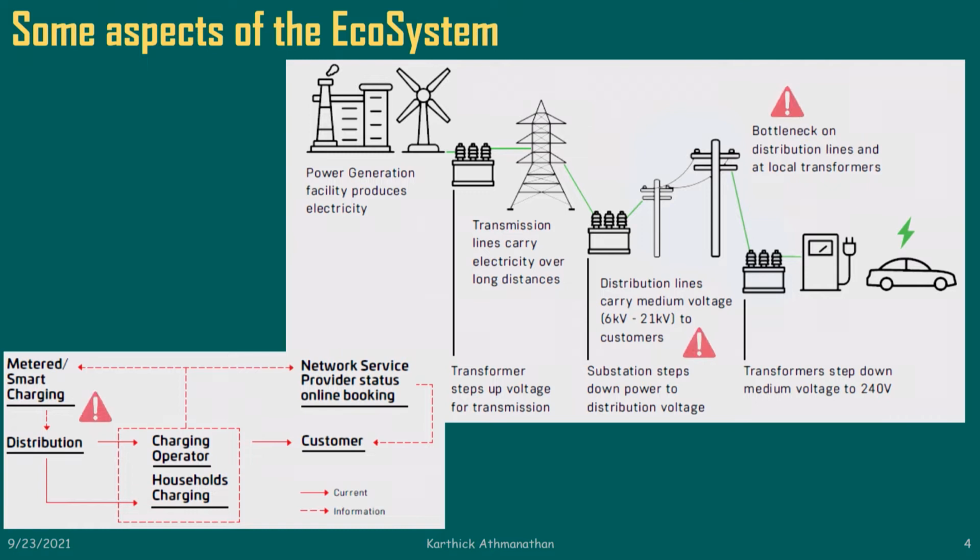Meanwhile, if you see the DISCOM and the value chain for the power supply, you've got the smart charging option. So the distribution company sends the power to the charging operator or the households that are charging, and when the customer uses the charging service, you either have metered smart charging, or you have quite a few cases where the network provider adds further value by giving you online booking, etc. This is just starting off, not very common in India.